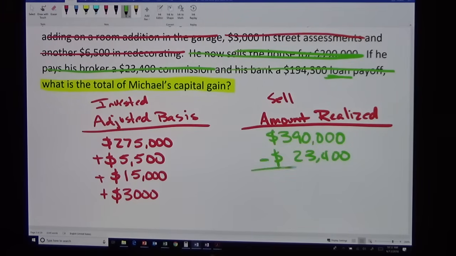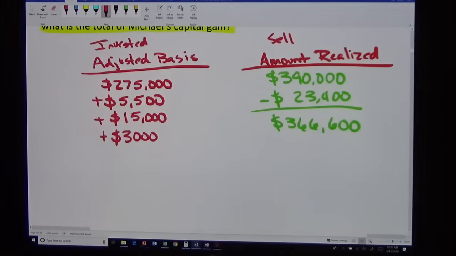We're subtracting. So if we want to total these up, our amount realized is going to be $390,000 minus $23,400. And that leaves us with an amount realized of $366,600. And then on the adjusted basis side, if we total all that up, we've got $275,000 plus $5,500 plus $15,000 plus $3,000 equals, oh, that number's not right.